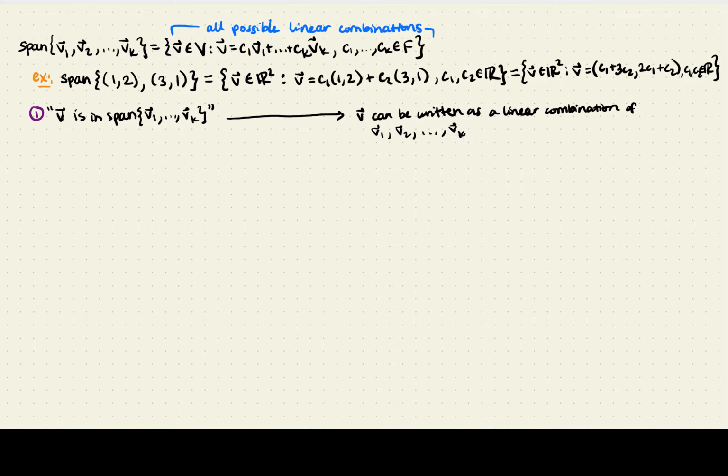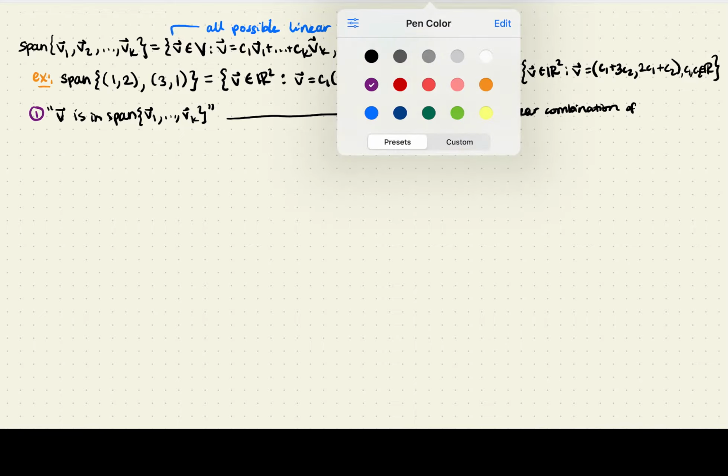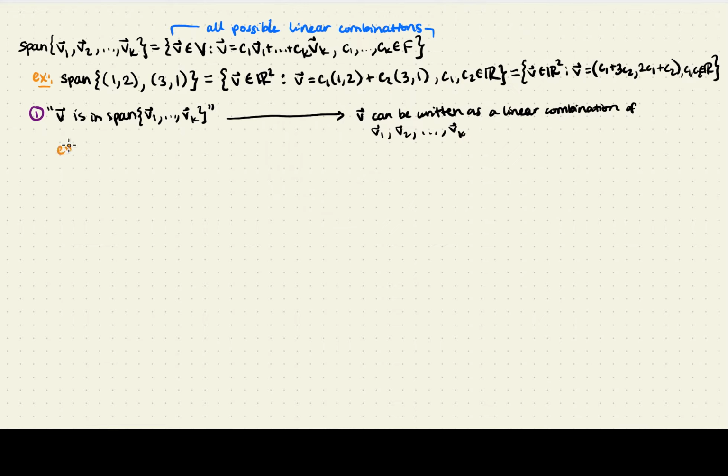We just saw an example of that. I'll write a different example. I can say that -4, -5 is in the span of 1, -1 and 2, 1.